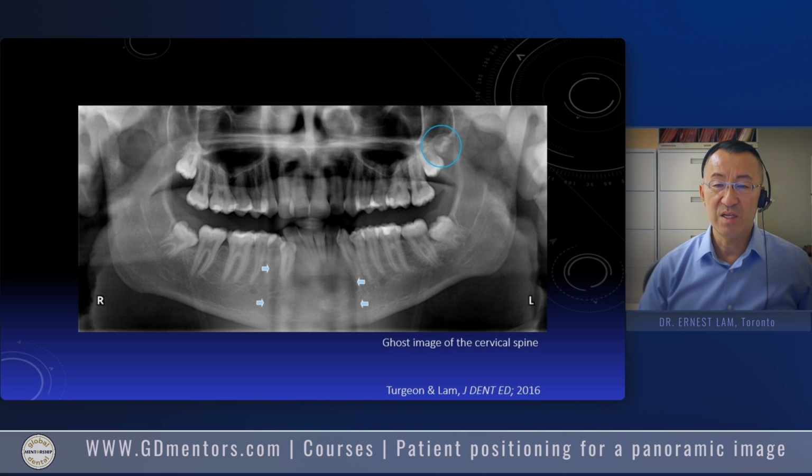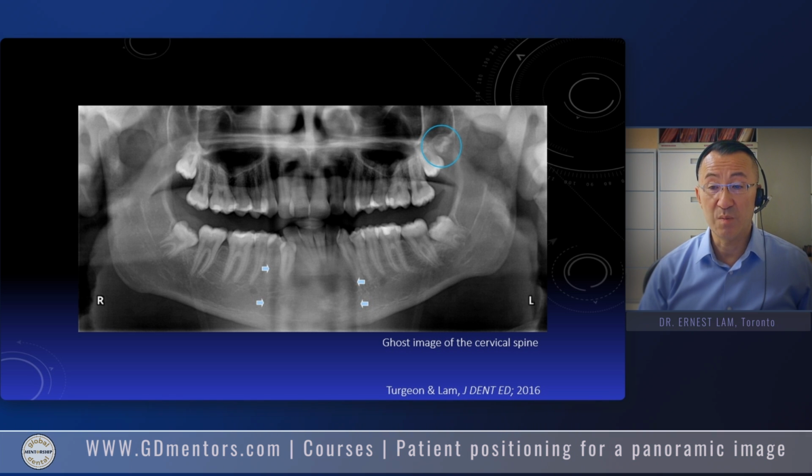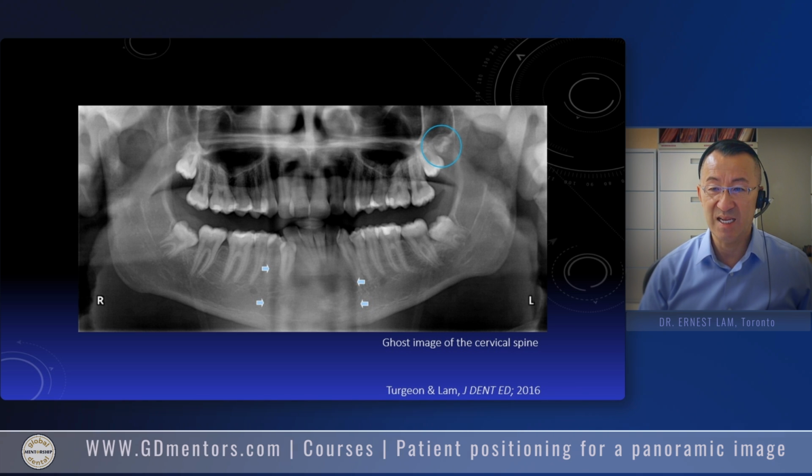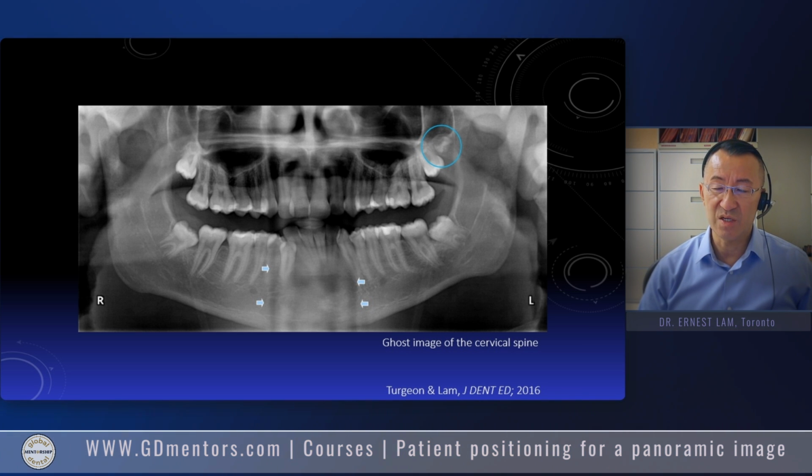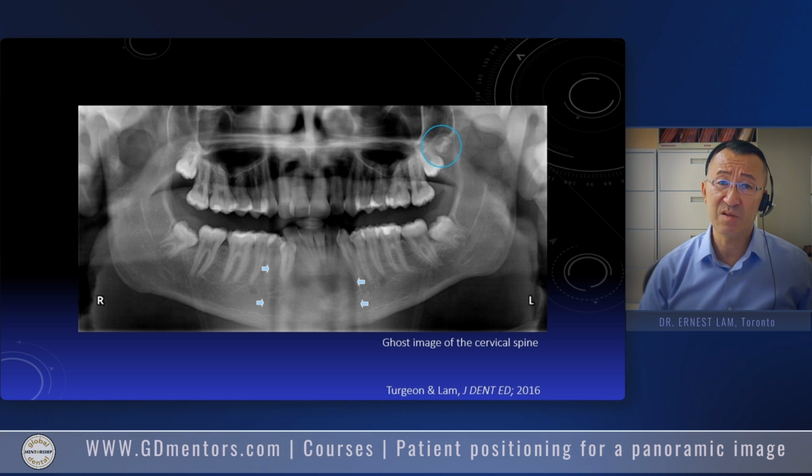The ghost image is superimposed over the maxillary, but probably more prominently the mandibular, central incisors, and canines. It creates a somewhat blurry image of the mandible and some of the maxilla, making it very difficult to resolve detail in these areas.